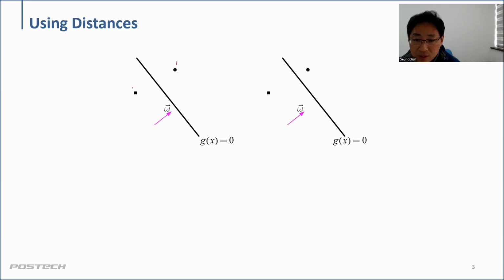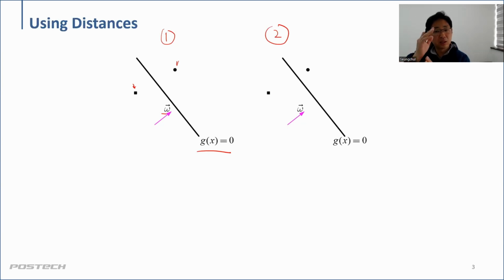This is the first class and the second class. We use circles and squares, and omega is the direction. This is the boundary. Which one is the better boundary, number one or number two?